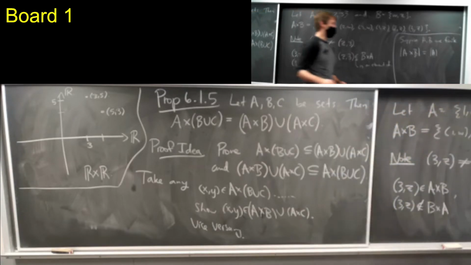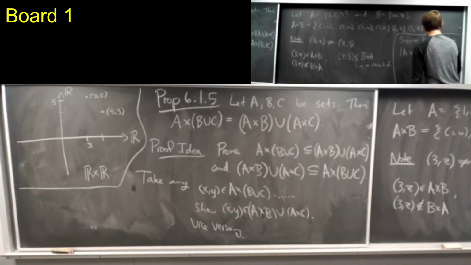Yep, exactly. This can be useful if you're asked to list the elements of A cross B, and let's say A has size 3, B has size 2, like this example, and so far you've only listed 5. You know there's one missing, because you have to have 6. It's 3 times 2.